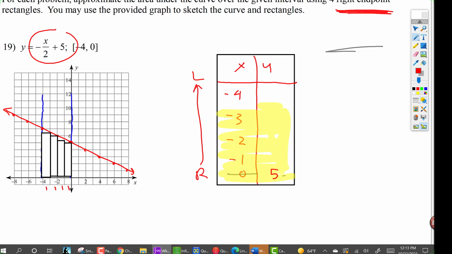And then when we plug in -1, well, the opposite of negative is positive, so 1/2 plus 5 is 5.5. And look, we're going to be going up. We have a pattern now, so we can put 6 and 6.5. And then if you just multiply the height times the width or the base, and then add all of those together. So 6.5 times 1 is 6.5.